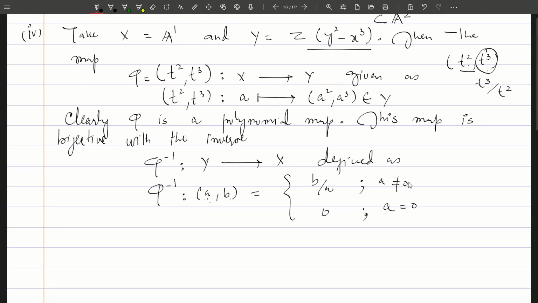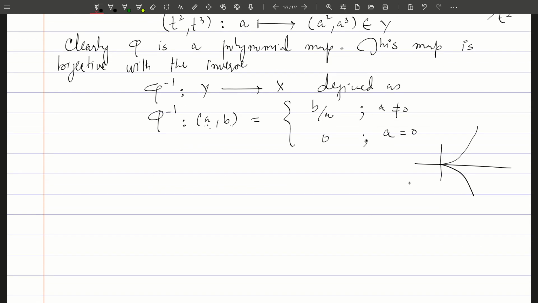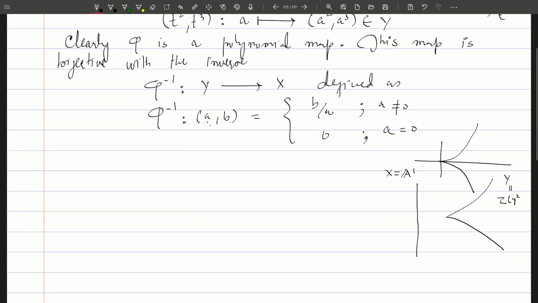So if we look at the graph of y square minus x cube, it is like this, and this set over here, which is the input A1, the same as x, and this set over here, which is y, the same as the zero set of the polynomial y square minus x cube.